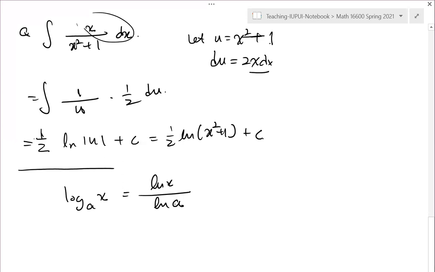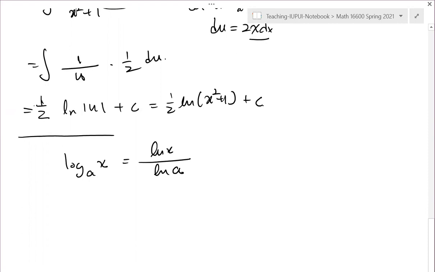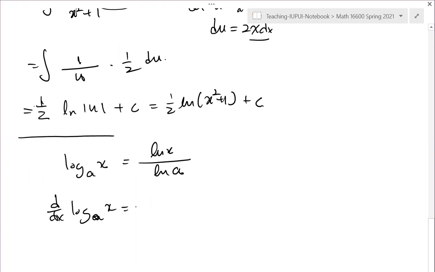So it's just the natural log x times a constant. Therefore, when you differentiate, you just need to find the derivative of the natural log, which is going to be 1 over x.